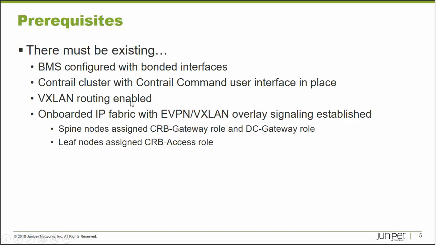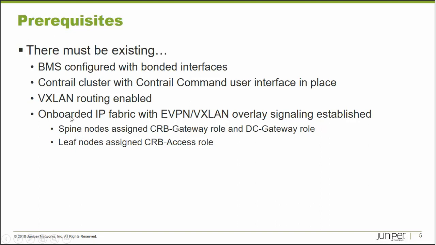We need VXLAN routing enabled to do that logical router stuff on the QFX10K. And then we also need an onboarded IP fabric with EVPN VXLAN overlay signaling already established. And this happens when you do a greenfield or brownfield onboarding. I do have learning bytes on brownfield and eventually greenfield.